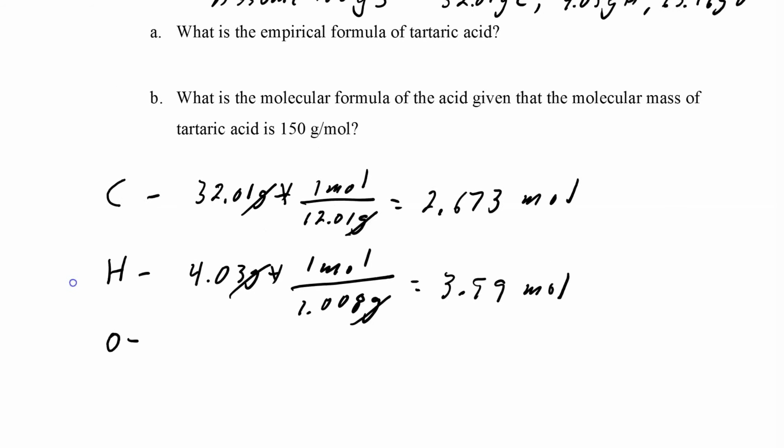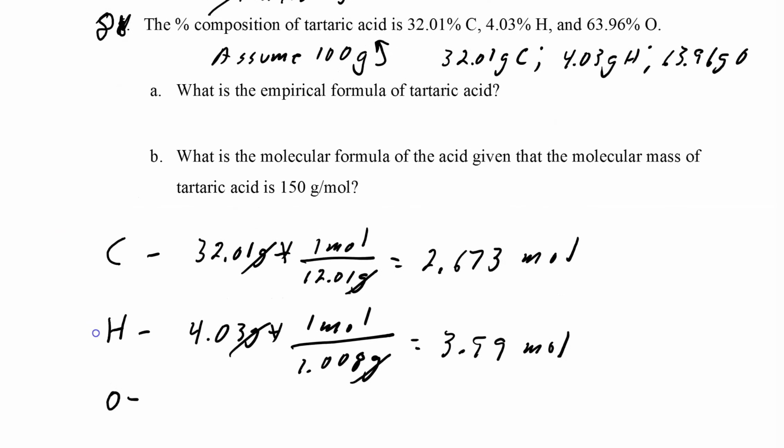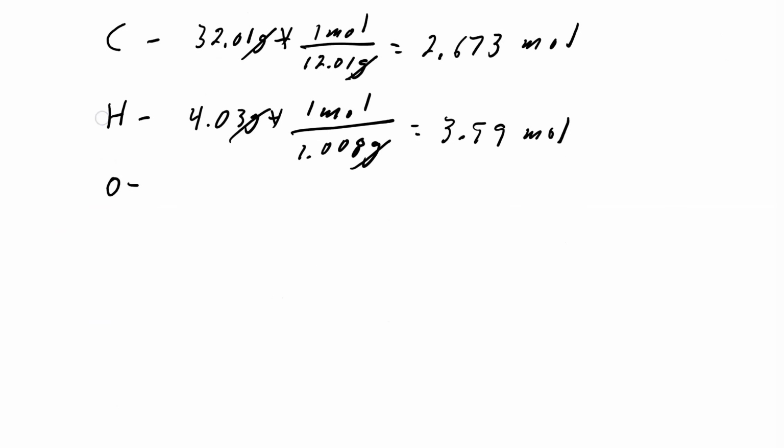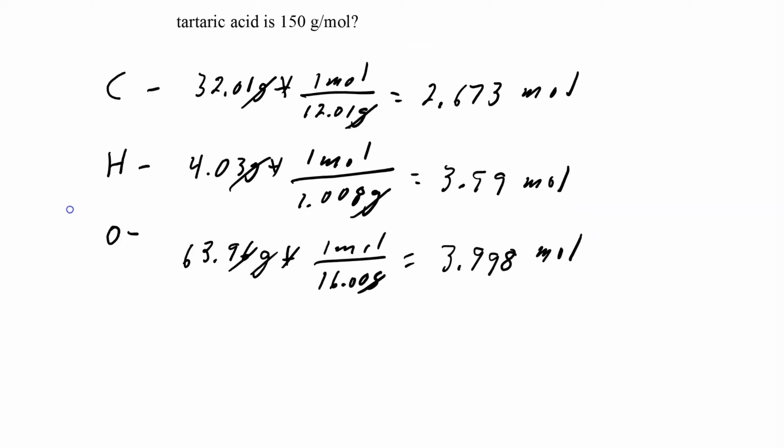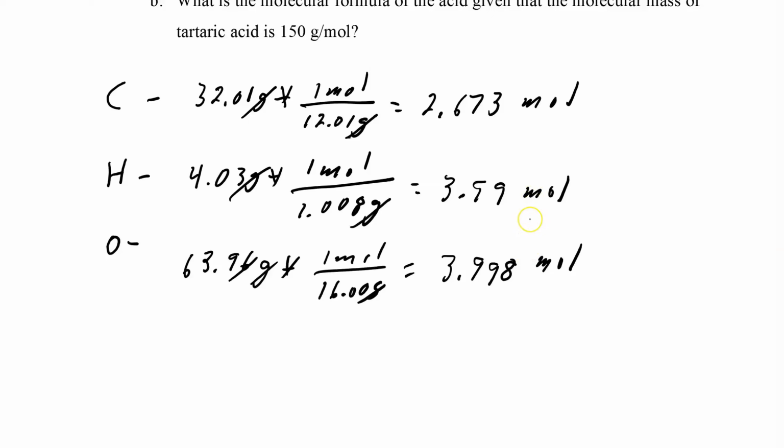Lastly, our oxygen, 63.96 grams times 1 mole over 16.00 grams. Oops, grams cancel, not the number. And we do the math here, we get 3.998 moles of oxygen.